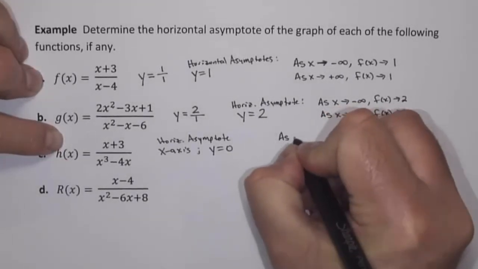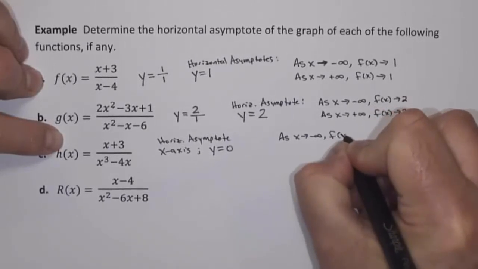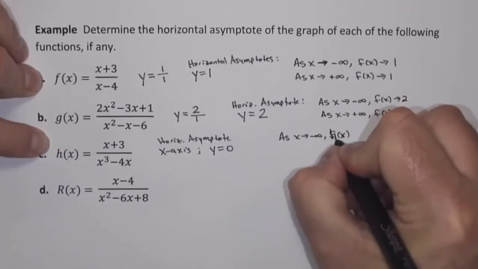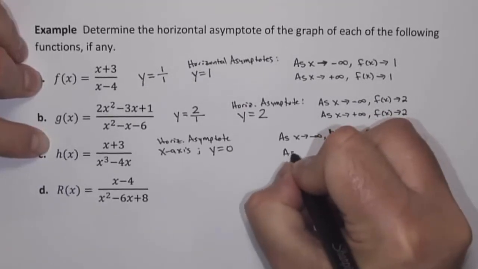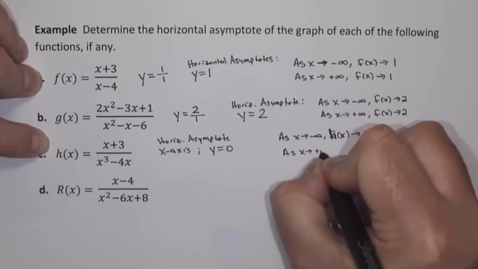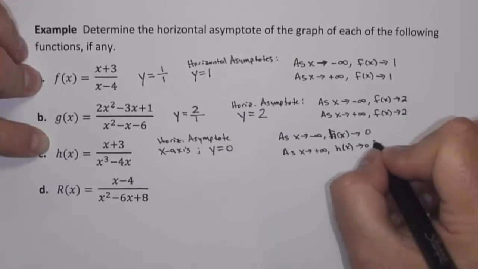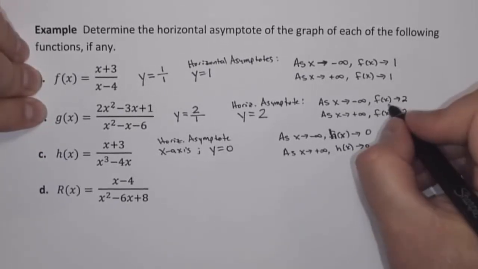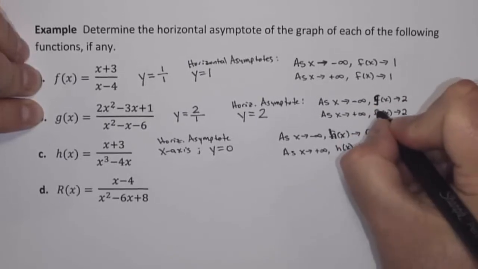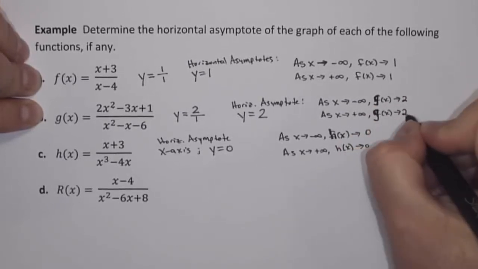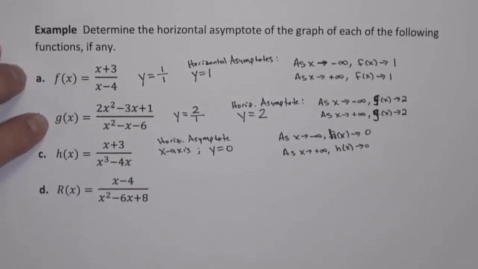So I can say that as x goes to negative infinity, the function value, I should say h of x, is getting closer to 0. And as x goes to positive infinity, h of x is getting closer to 0. And actually, even up here on part B, instead of f of x, I should have said g of x is going to 2, and g of x is going to 2. So just to match my function notation here.